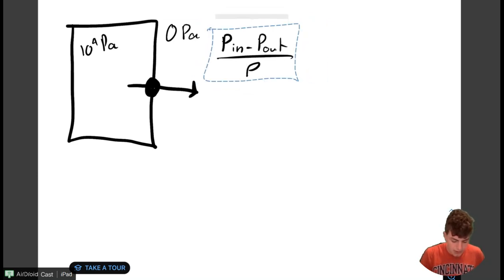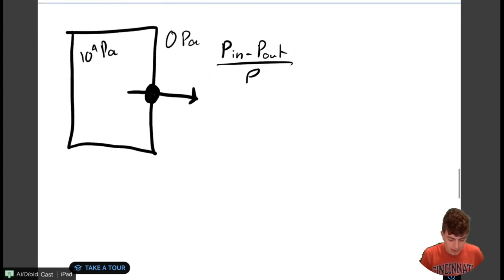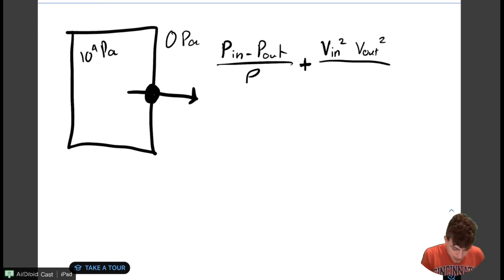Remember, Bernoulli's equation only works for an incompressible substance. Air at low temperatures will work here. And we're going to add to that the change in velocity squared, velocity in squared minus velocity out squared, over 2. And finally adding to that g times z in minus z out. And again, all of that is equal to 0.